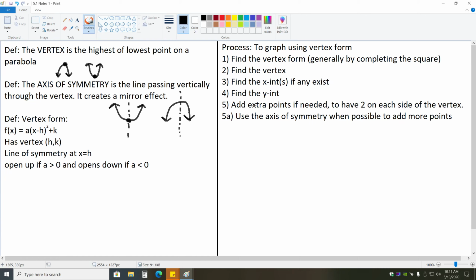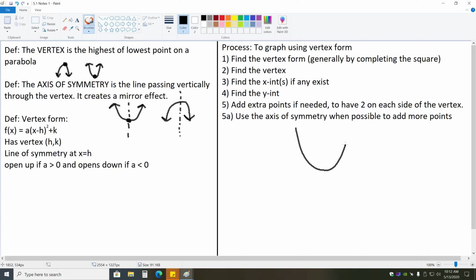And at this point, we now need to add extra points if needed to have 2 on each side of the vertex. And you should use the axis of symmetry whenever possible to find these points. So you always want to have a total of at least 5 points.